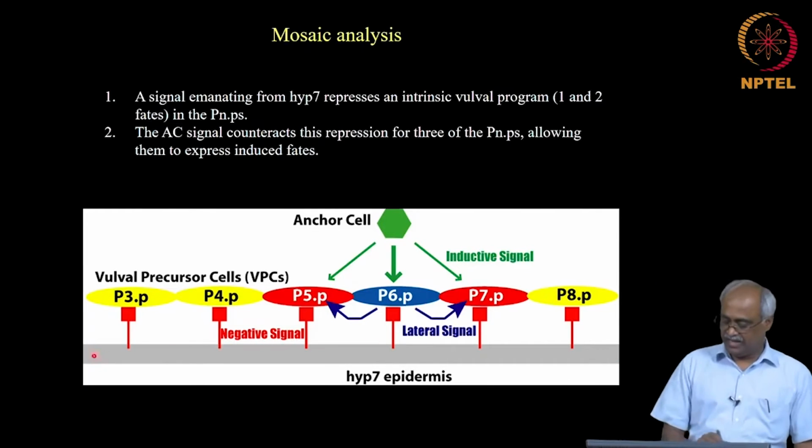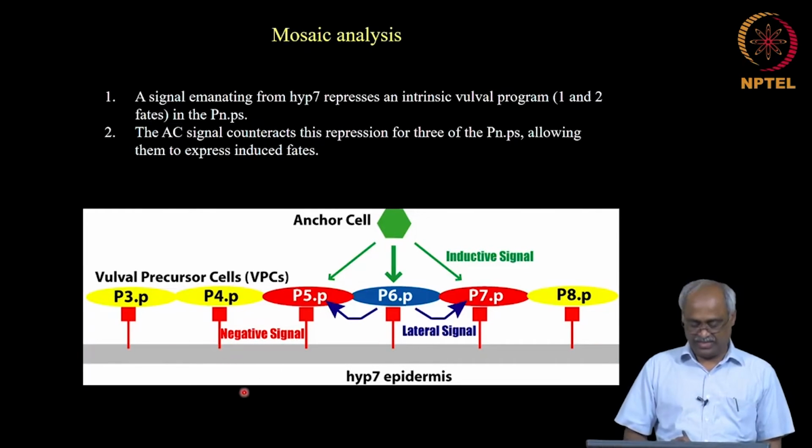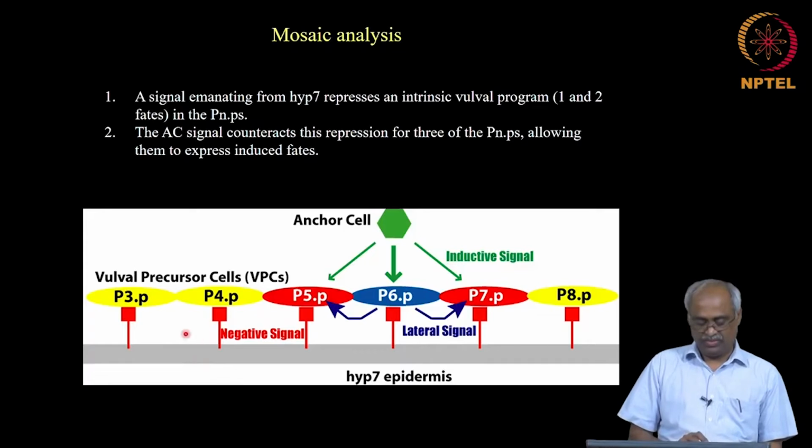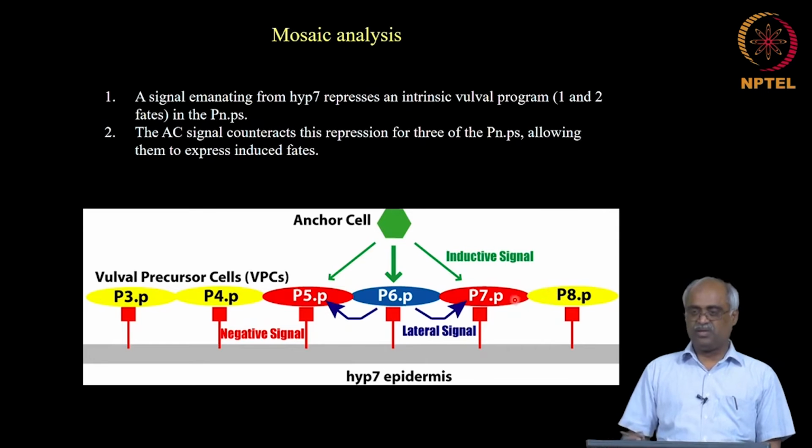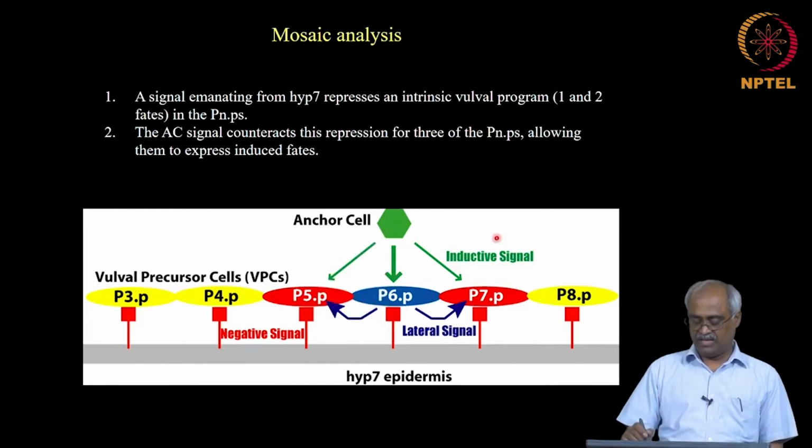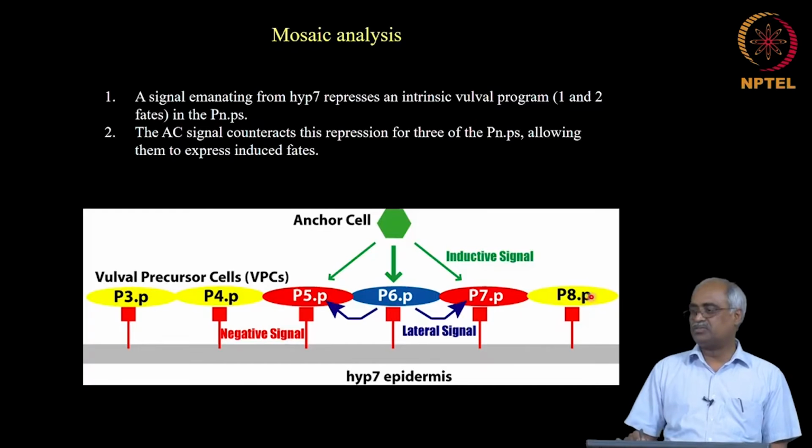There is underlying hypodermis from which there is a negative signaling, that is making these cells not get induced at all, and you are temporarily relieving that negative signaling by the signaling from the anchor cell, which is stronger on P6, and as a result it becomes primary fate, slightly weaker here, therefore they become secondary fate, and therefore these alone are induced and these are not induced, because the negative signaling prevents it.